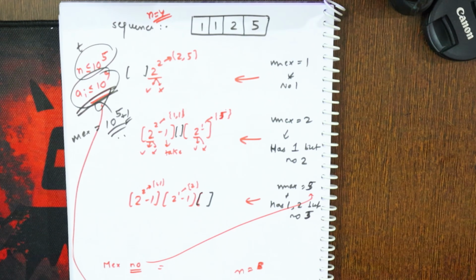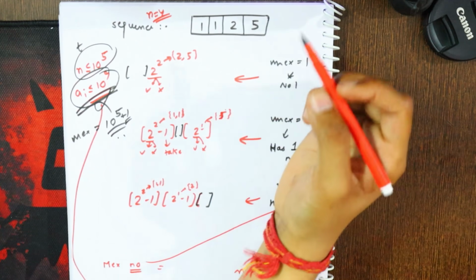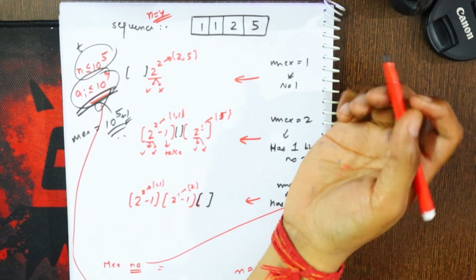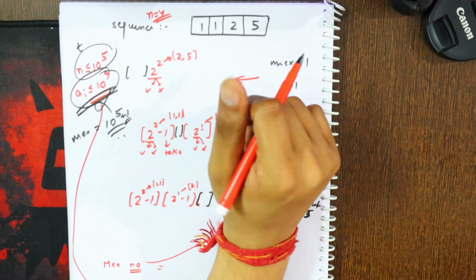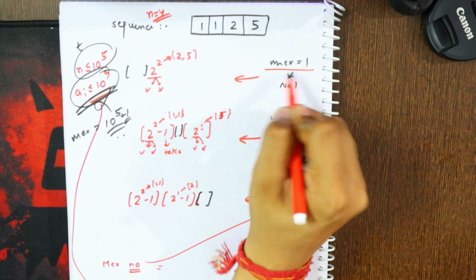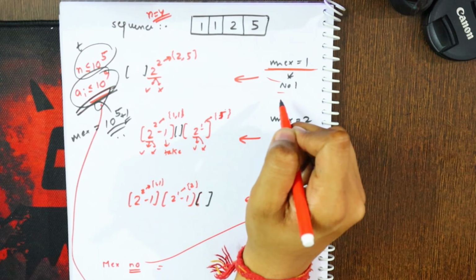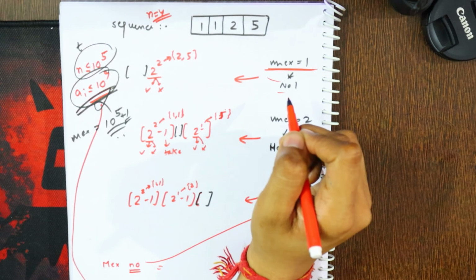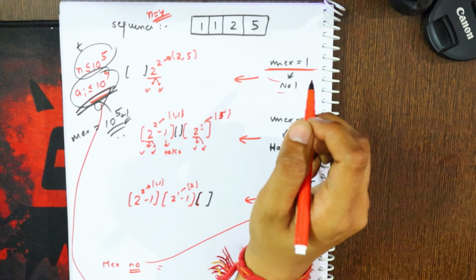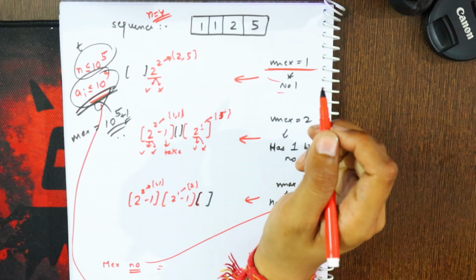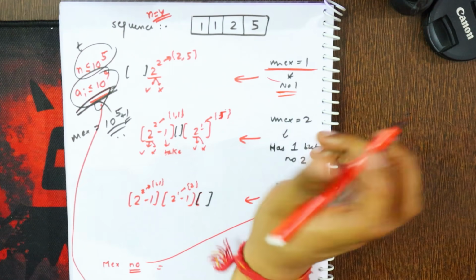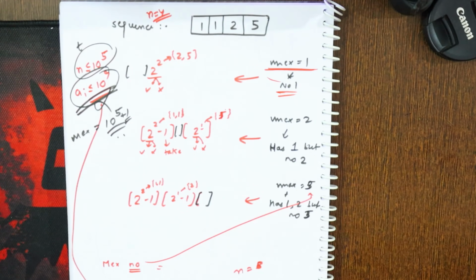So let's think of first, when MEX will be 1. MEX will be 1 only when we have no 1 in the subsequence. Understanding why? Because MEX will be 1 only when we have no subsequence element having 1 as its value, because we have to take the smallest one.